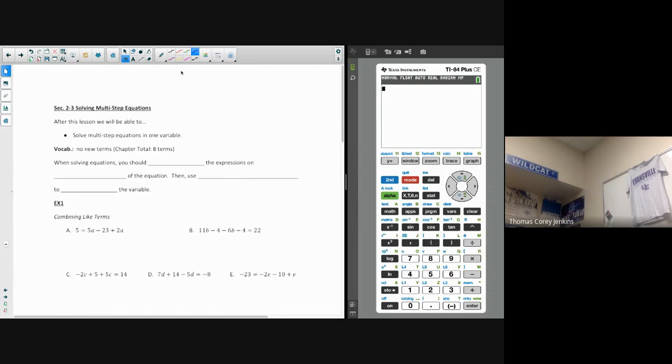Anyways, it says when solving equations, you should blank the expressions on both blank of the equations. So the answer here is simplify the expressions on both sides of the equation. So remember the worksheet that I gave you on Friday that was called Simplifying Algebraic Expressions.